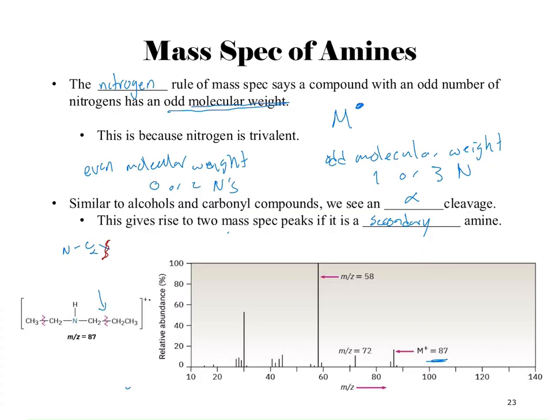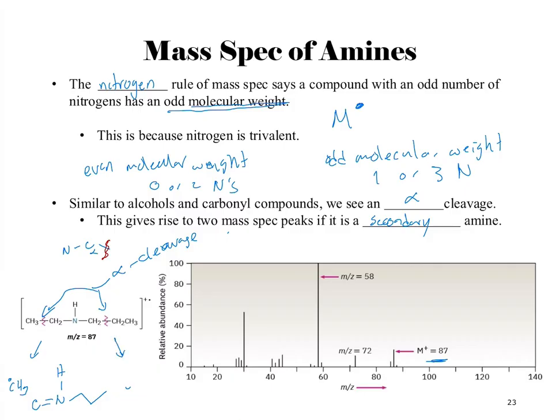These are the 2 alpha cleavage sites. If we cleave here, that'll give us a CH3 radical and then the HN imine stabilized ion.